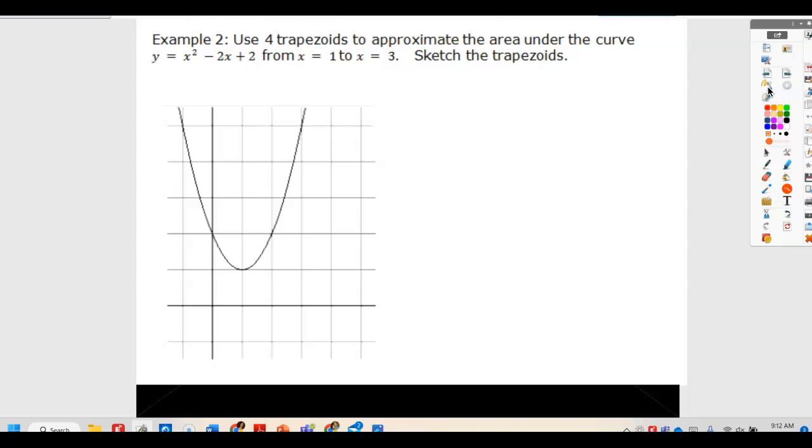So it says use 4 trapezoids to approximate the area under the curve, starting at 1 and ending at 3.